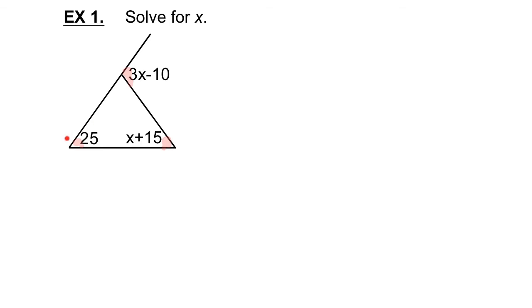So because we know the sum of these two angles is equal to this angle, we can write this equation. The sum of the two interior angles in the triangle is equal to the exterior angle on the opposite side. That's the angle property of the triangle we're using.